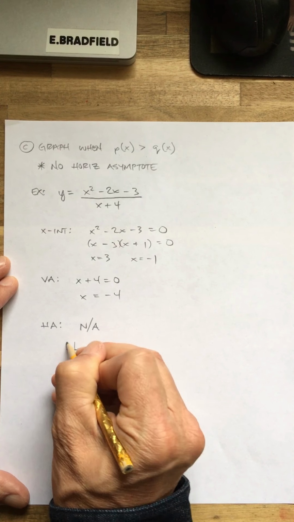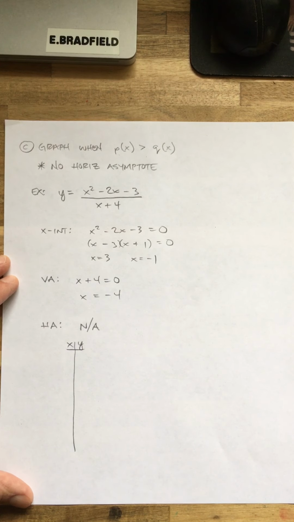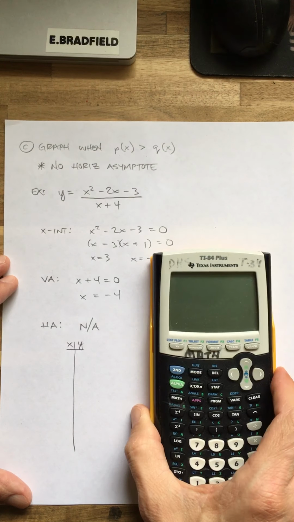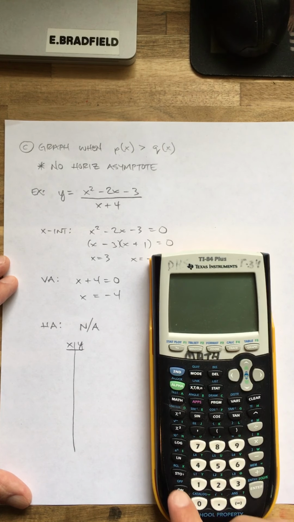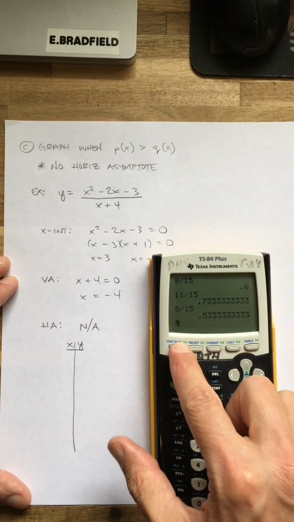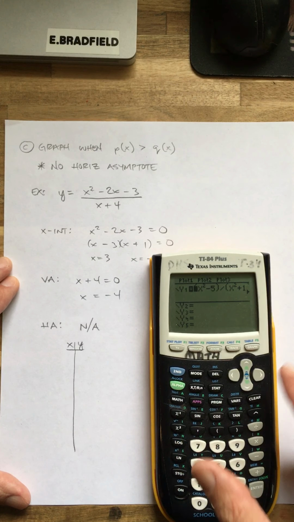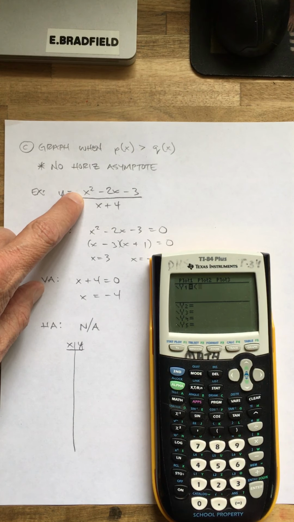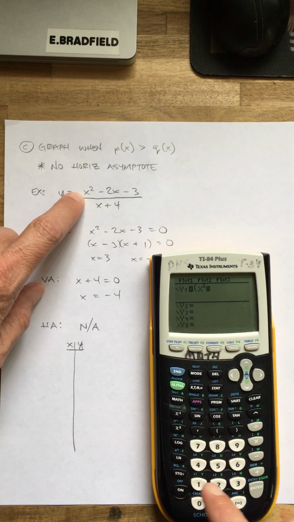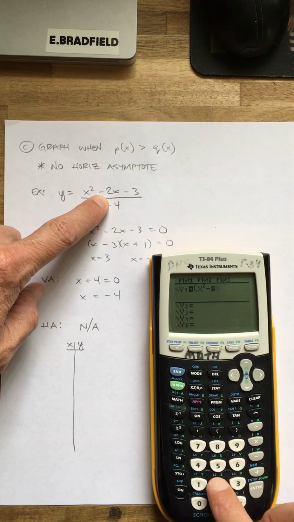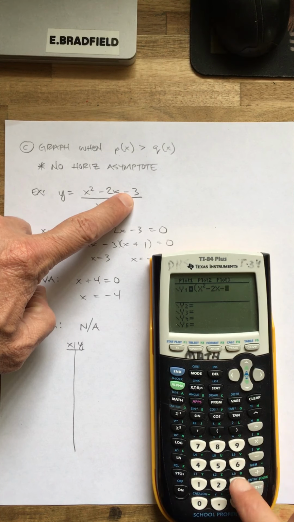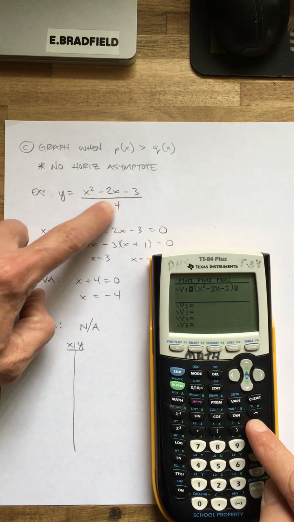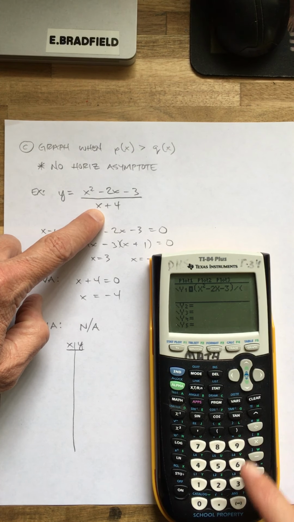Okay, x and y. And let's grab our calculator here, and first turn it on, then go to the plot. Okay, clear out whatever's there. And here we go. In parentheses, I have x squared minus 2x minus 3, close the parentheses, divided by parentheses x plus 4.